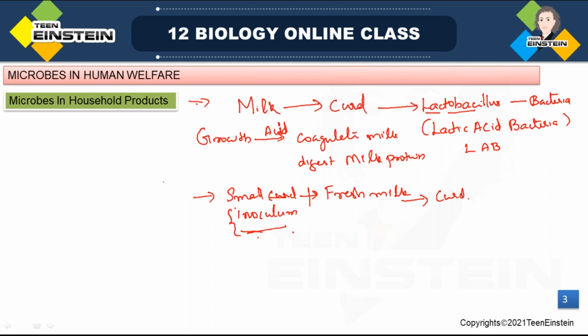This inoculum will have so many lakhs of these bacteria. It is very easy, the division of that bacteria. So it will have so many lactic acid bacteria, and when the temperature or the conditions are suitable, these bacteria will multiply and convert the milk into curd. Okay.